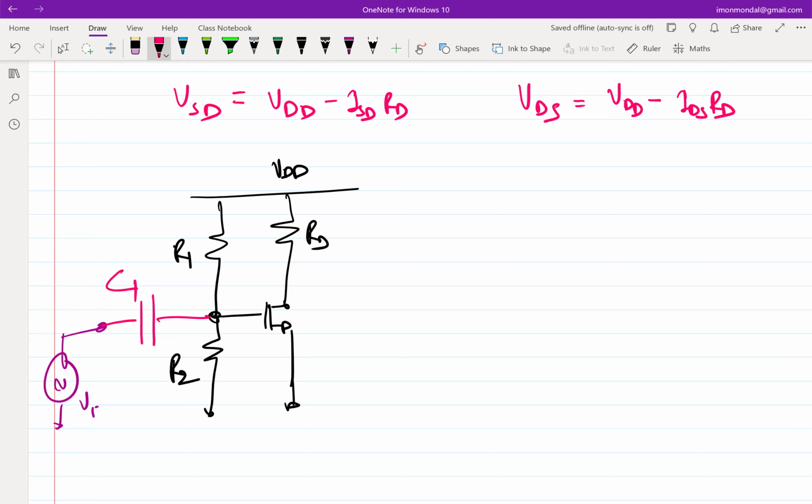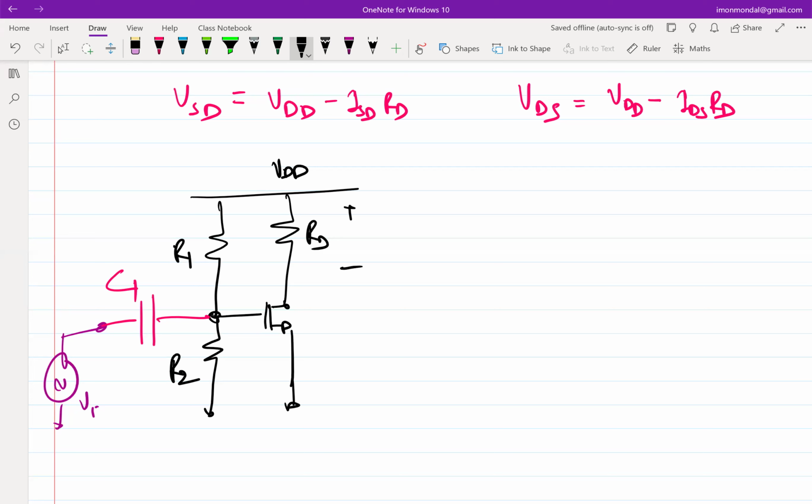Now, what about the output? From where should I take the output? We were taking the output across RD in case of a PMOS device. Here also we can take the output across RD. But the important thing to note is that when we are talking about incremental outputs, is it necessary to take it across RD the way I have shown, or is it okay to take only the drain voltage?